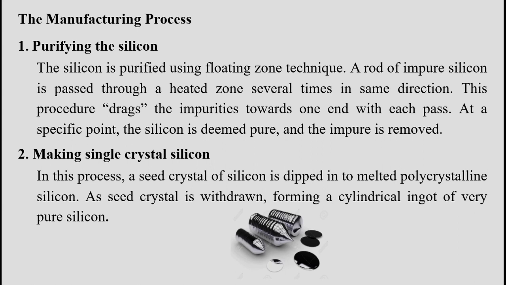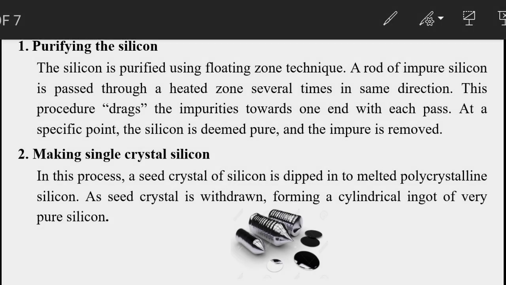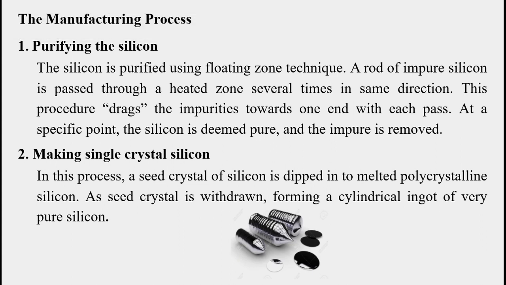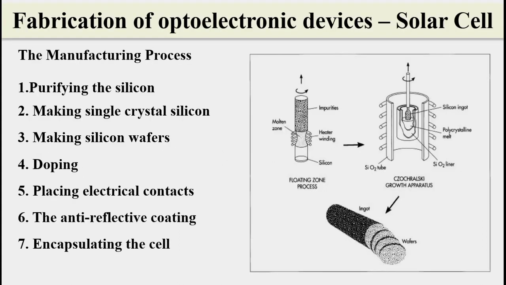So this produces a drag of the impurity towards one end. With each pass at a specific point, the silicon is deemed pure and the impurity is removed. Here, this is the floating zone technique, where polycrystalline silicon is passed through a heated zone.